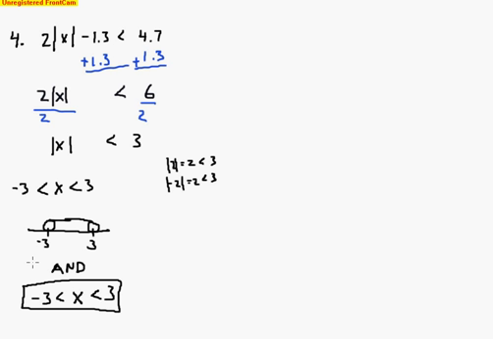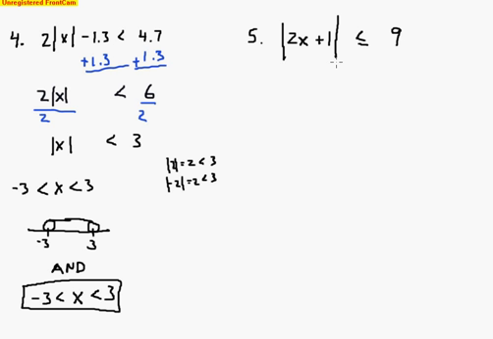Well, let's try another one. Call this one number 5. And we'll start with how about a 2x plus 1 inside absolute value bars. And we'll say it is less than or equal to, let's go with a 9 this time.